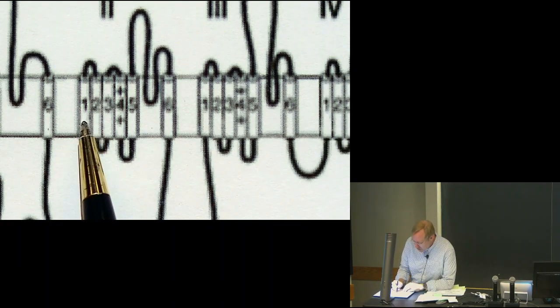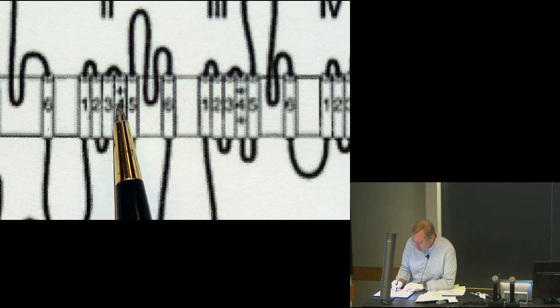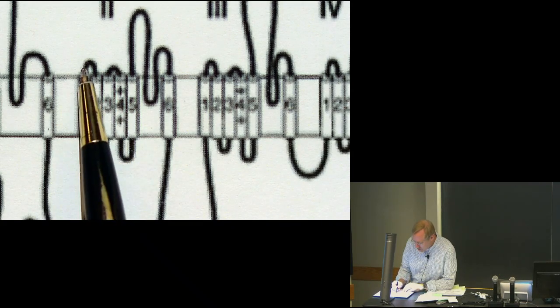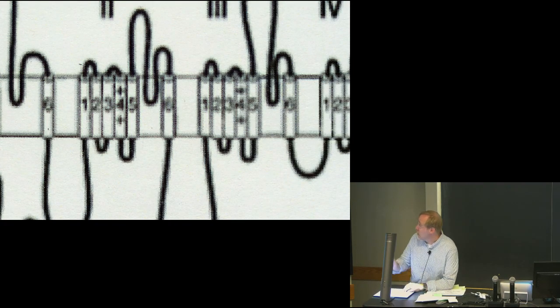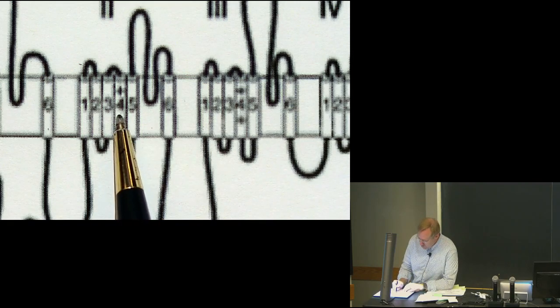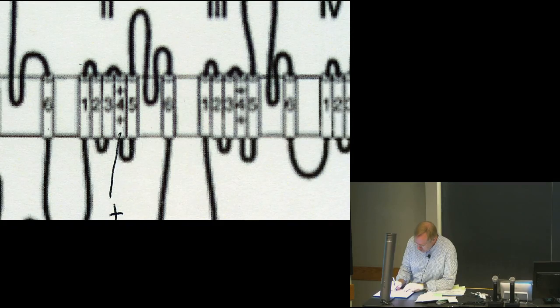So here we have the 6 spanning, what was predicted to be the transmembrane spanning helices, looped by these loops on either side. And what's unusual about these is, in the 4th one here, there's a lot of residues that have these positive charges. Now that's really weird, right?